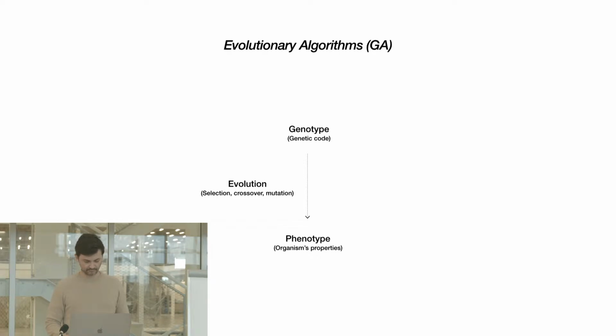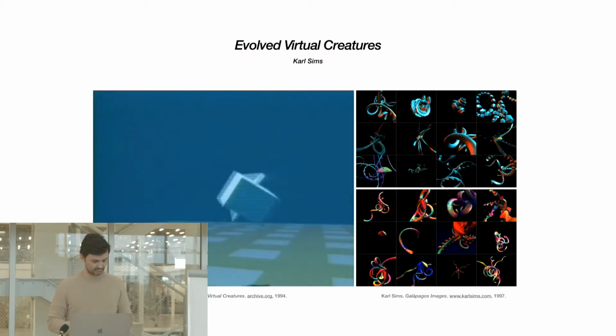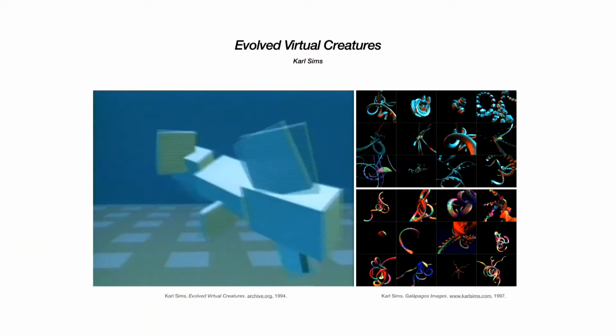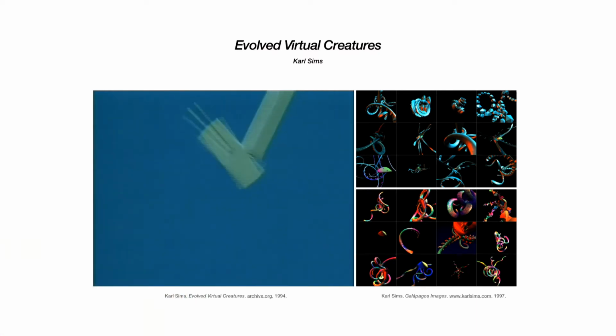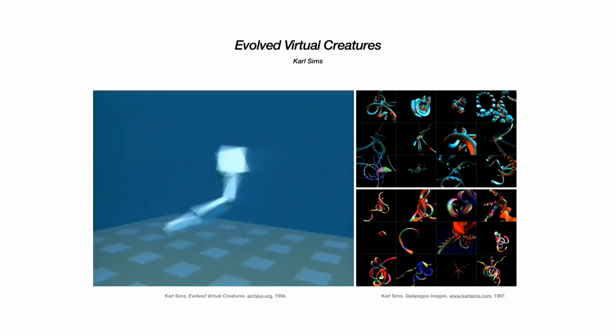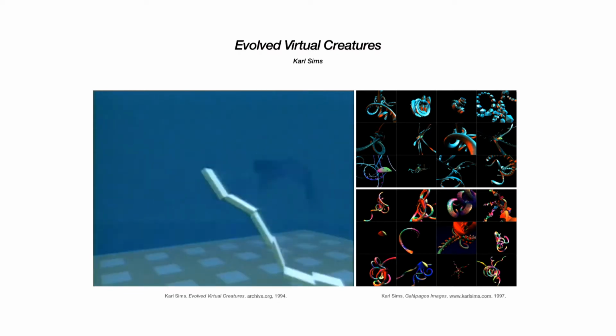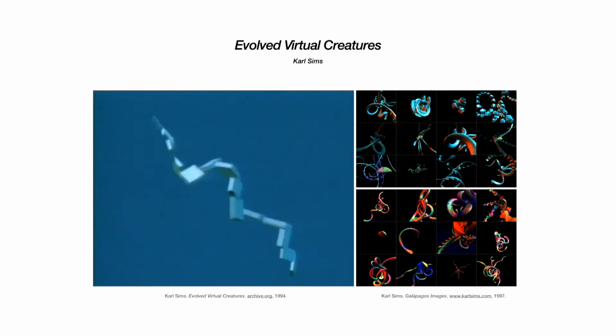And I will give you an example. 1994, a prominent example from Karl Sims called evolved virtual creatures. And these are algorithms that use this genetic programming to optimize certain features of the agents. For example, here, an agent needs to learn how to move efficiently.